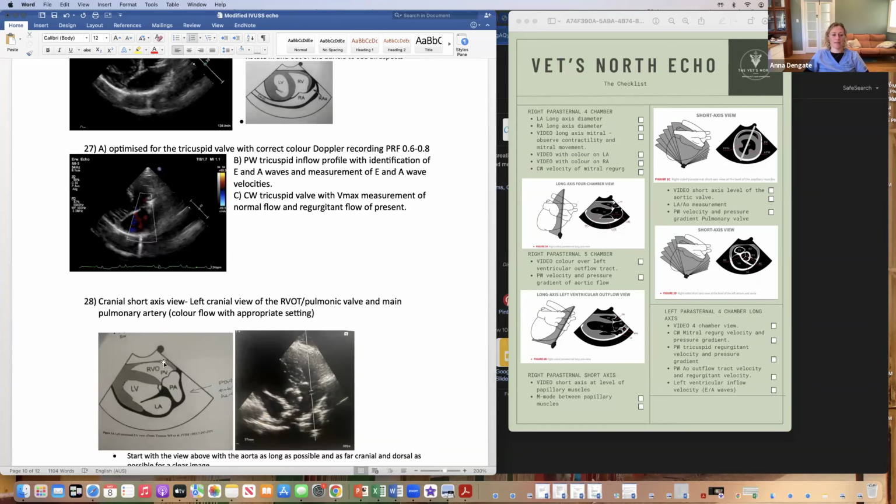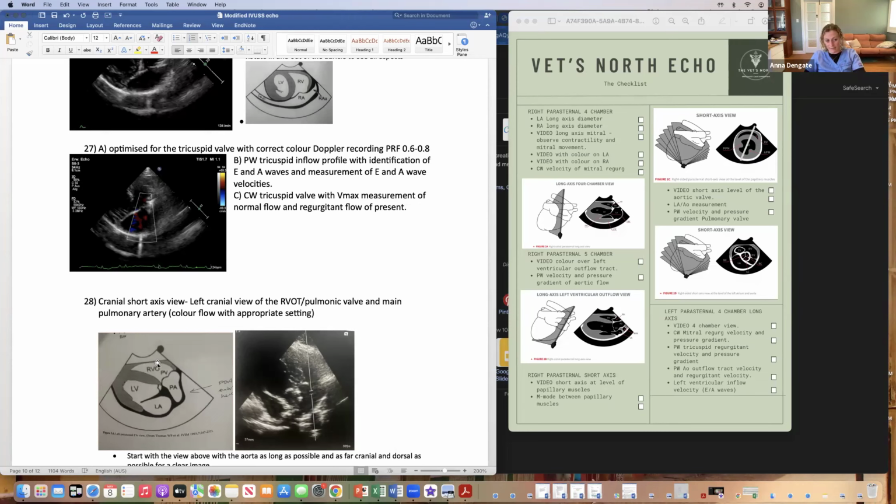So yes, then we're going to tilt the probe dorsally. So lift the tail of the probe as opposed to dropping the tail of the probe from the aorta, and that aorta is our reference point. We're going to go dorsally, and we're going to actually catch that pulmonic valve really nice and close to the base of the heart, to the probe. So if you're measuring a regurgitation, you can see sort of how nicely lined up that would be.